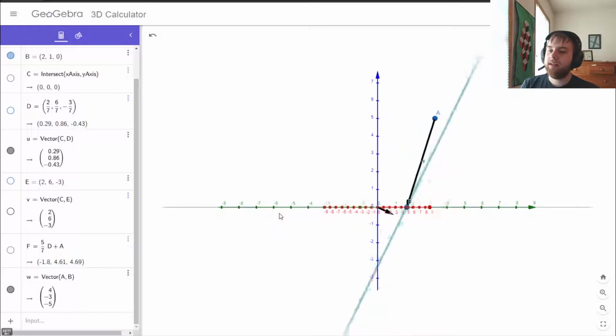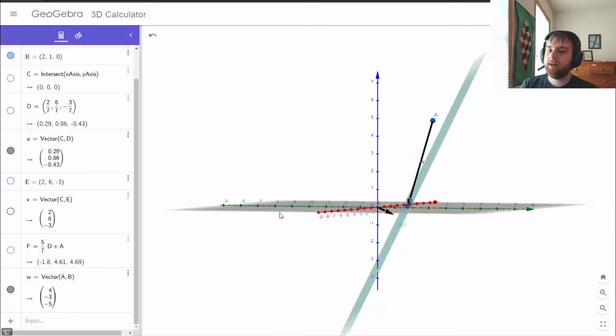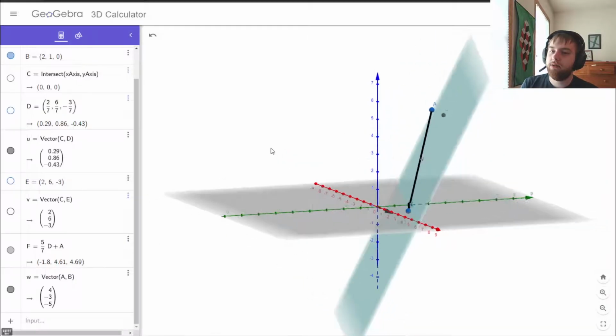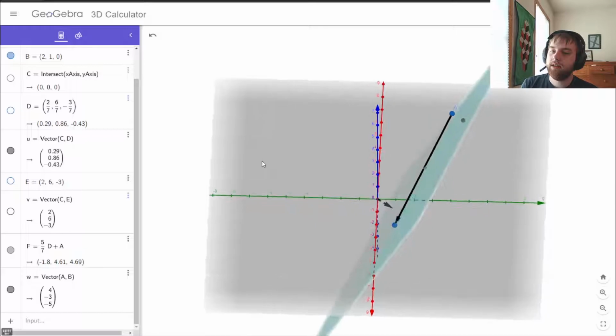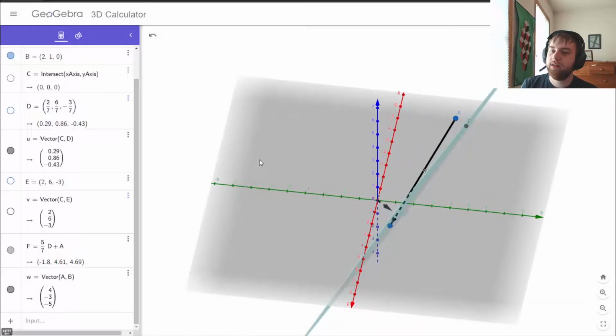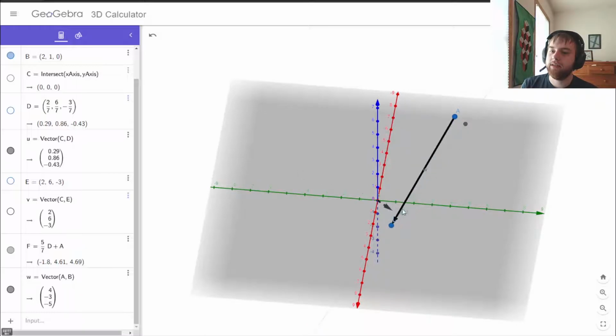And then using the dot product, we measured how lined up they were, and that gave us the distance between these two points here. More accurately, if we were looking at it from this direction, you can see a right triangle, all that kind of stuff.